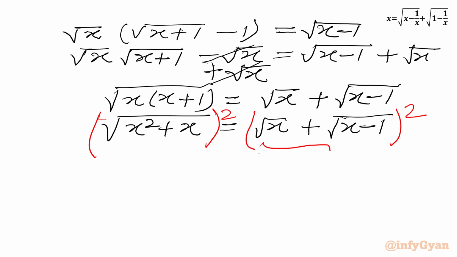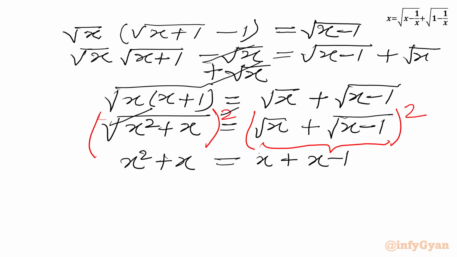Now we'll use the (a plus b) whole square formula on the right-hand side, and in the LHS we will cancel square root with square. So we can write x square plus x equal to (square root x) whole square, plus (square root x minus 1) whole square, plus 2 times square root of x times (x minus 1).